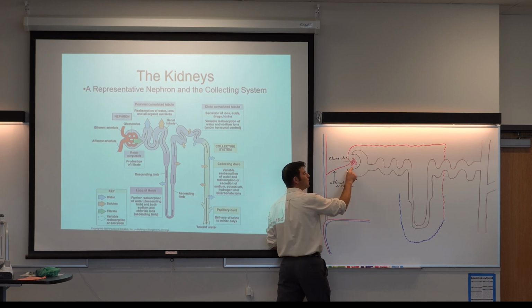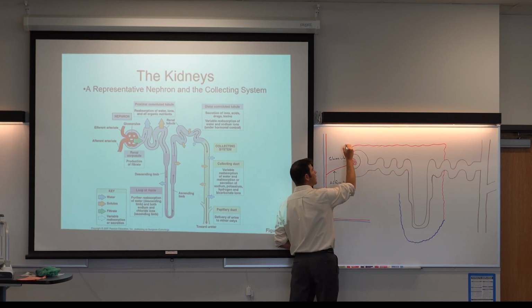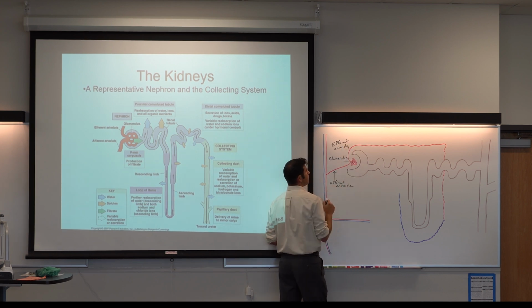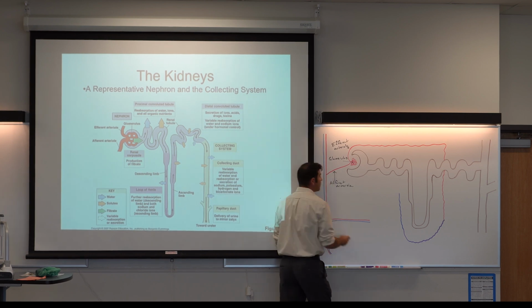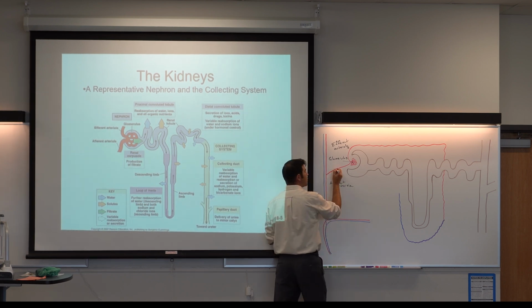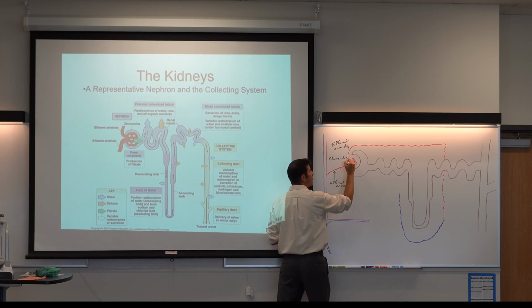And if we were a red blood cell moving through the glomerulus, we would end up in the efferent arteriole. Maybe for reference, I can put these little arrows that show afferent arteriole is delivering blood to the glomerulus, and efferent arteriole is taking blood away from the glomerulus.